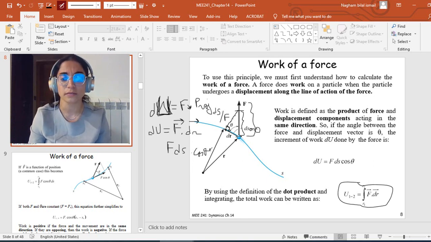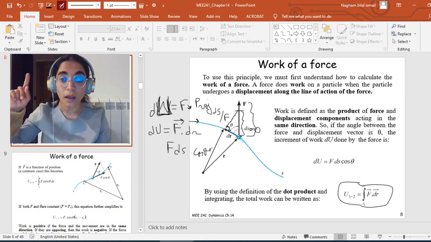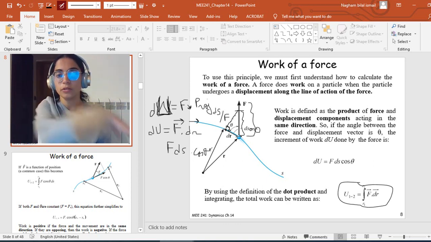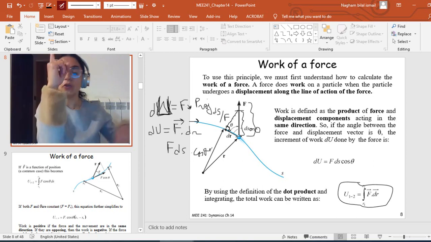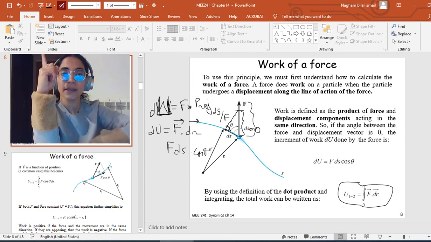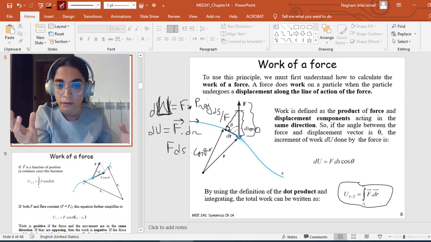This means that the work is equal to the force times the displacement on the line of action of this force, which also means if the force is perpendicular to the displacement, there's never going to be any work of this force on this particle.